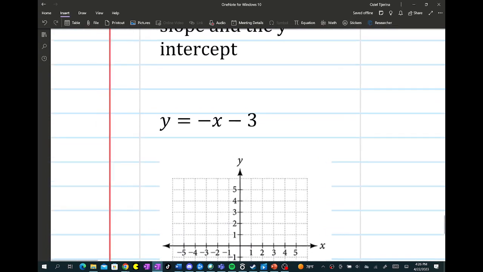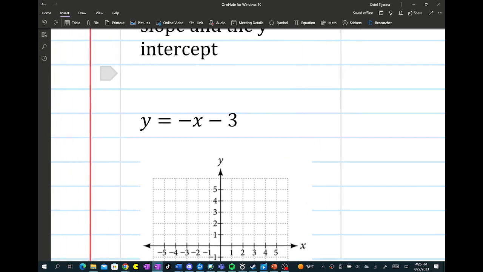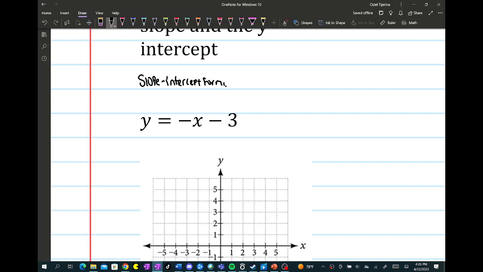Now, the first thing that we have to know is the slope-intercept form of a line. The slope-intercept form is y equals mx plus b, where m is the slope and b is the y-intercept.